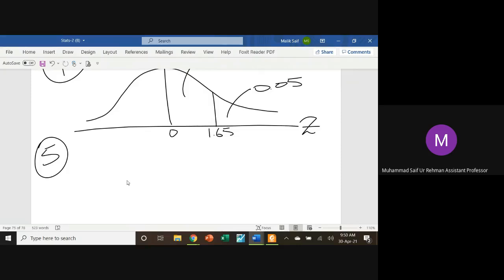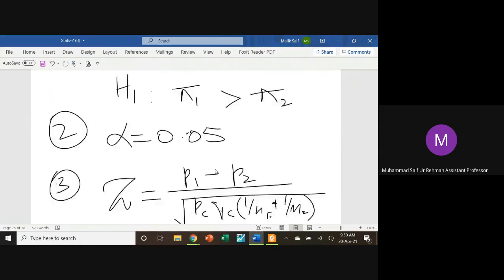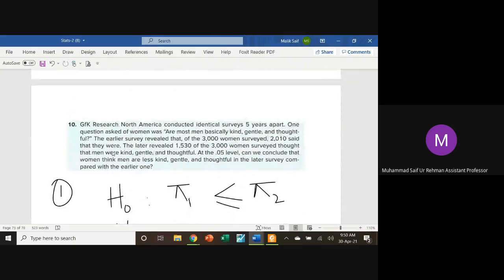Then comes step 5, computations. In computations, first of all, you will find out P1. What is P1? X1 divided by N1. Similarly, what is P2? X2 divided by N2. What is X1? What is X2? So come over here. 2010 is X1, and 3000 women is N1.